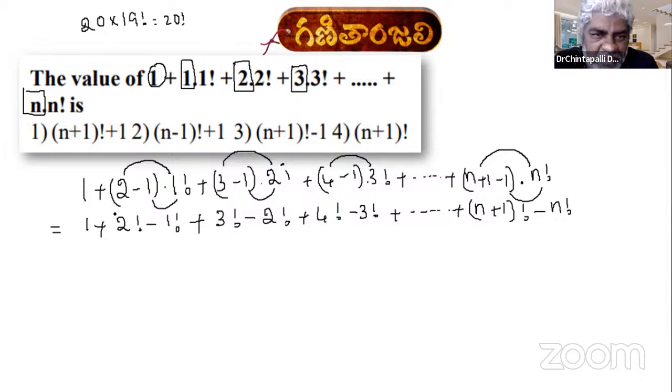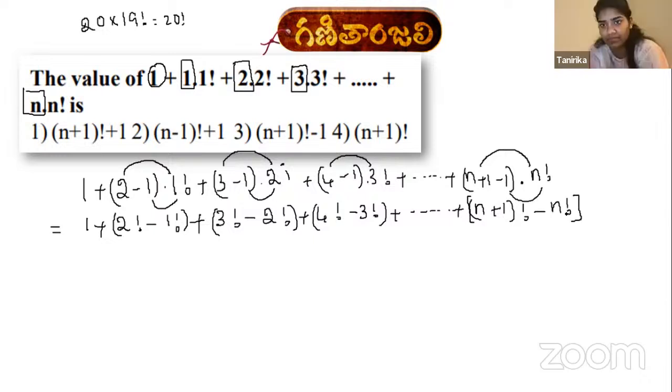Yes, sir. Now, first term is 1. This is the second term. Next term. Can you do any cancellation? Positive 2 factorial, negative 2 factorial cancel.